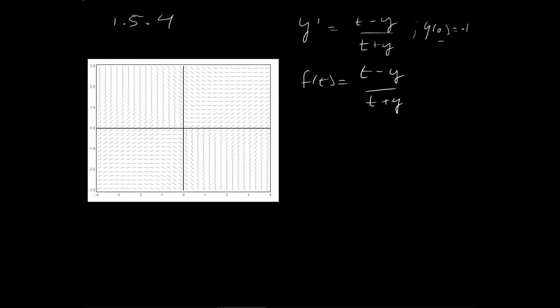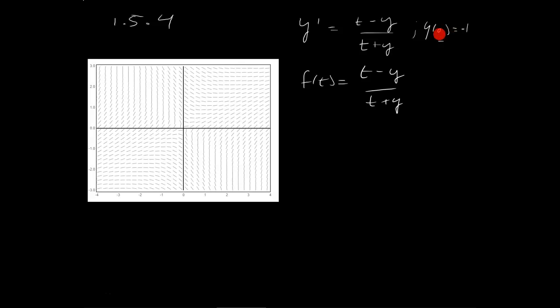So if t was 2 and y was negative 2, you'd have a 0 down below. As long as you don't get a 0 in the denominator, you're good. This is continuous. So as long as there's no 0 in the denominator, Picard's theorem guarantees that there is a solution. Whether it's unique, we don't quite have enough information yet.